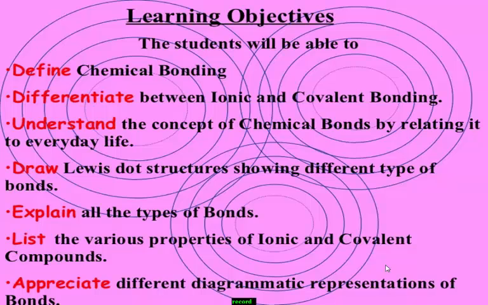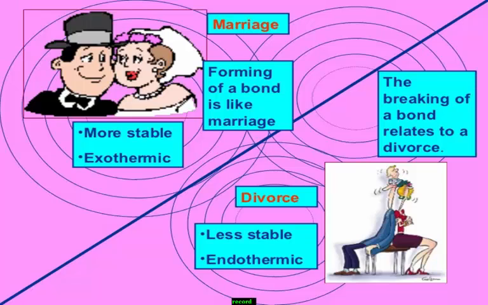Students, please observe the synopsis points. See here, what is a chemical bond, how do we understand this. Students, we know about marriage. Marriage is like forming a bond, as during marriage we are more stable and it is exothermic.